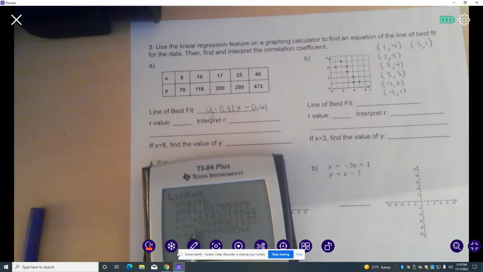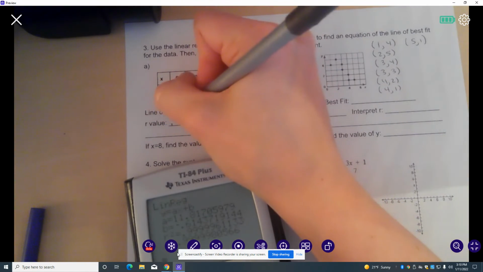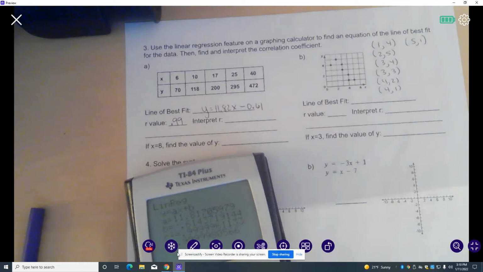Now the r value, my correlation coefficient, is 0.99. And remember, when that number is really close to positive or negative 1, it means we have a strong line of best fit. Okay, we have a strong correlation.